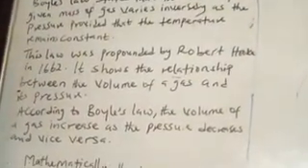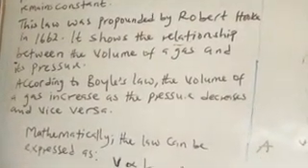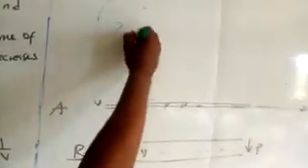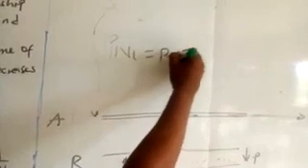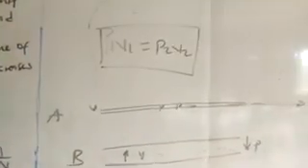But when there is only pressure and volume, we say that the volume pressure law is Boyle's law. And the formula you are going to apply to solve such a problem is that P1 V1 equals P2 V2.